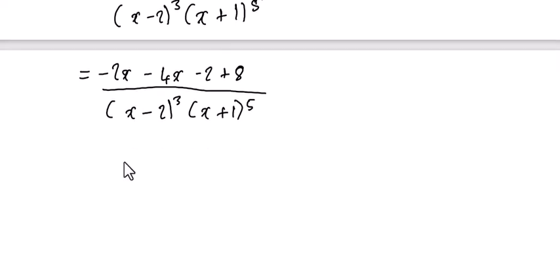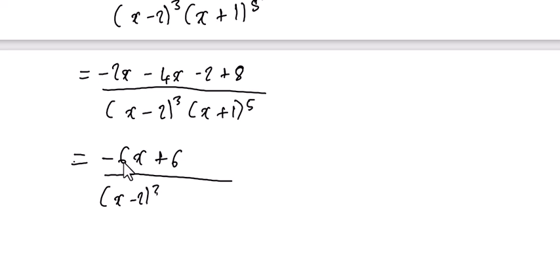When we add this, it's going to be negative 6x plus 6, over x minus 2 to the power 3 multiplied by open bracket x plus 1, close the bracket, to the power 5.